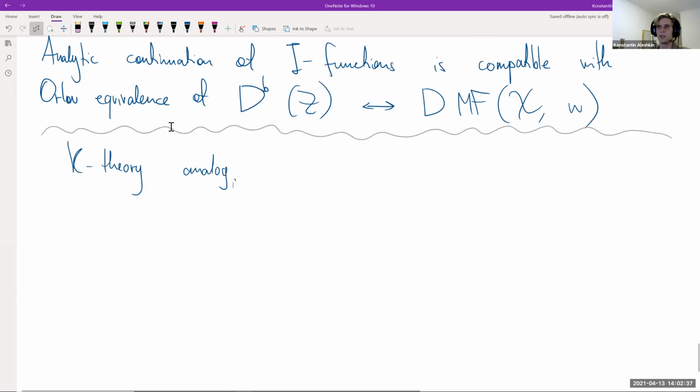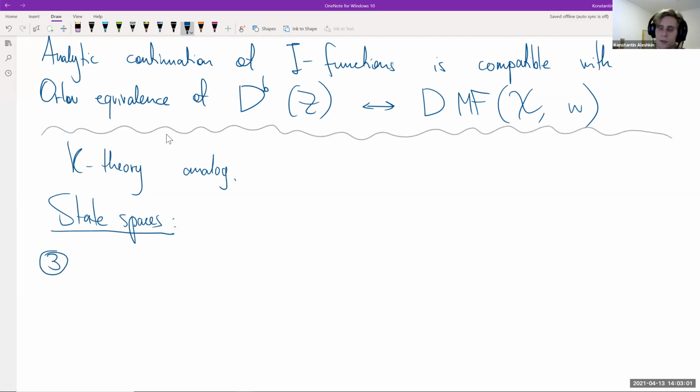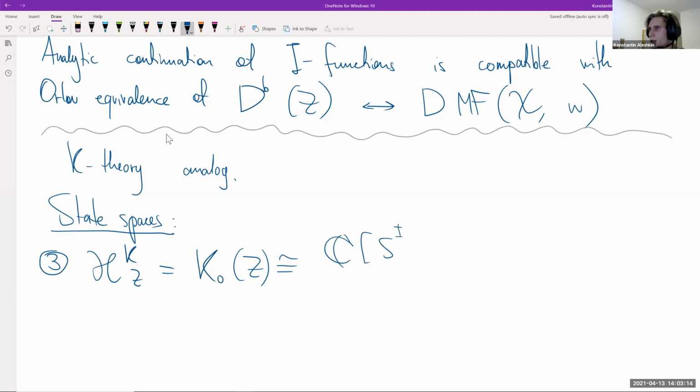What happens now? Now we have to modify our state spaces for the theories, because before there were cohomology theories of the quintic, some relative cohomology, and now we are talking about K-theory. For the quintic, the state space, I call it H_K, is equal to the enumerative K-theory of the quintic, that is C[s^{±1}] over (1 - s)^4, where s is the class of O(1).